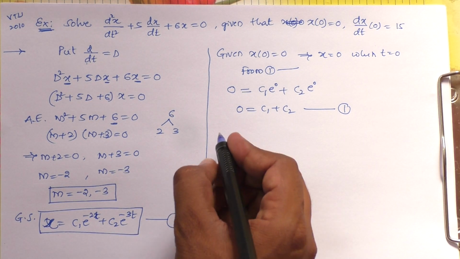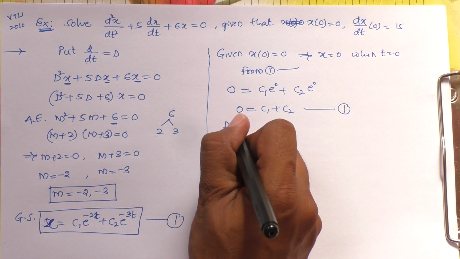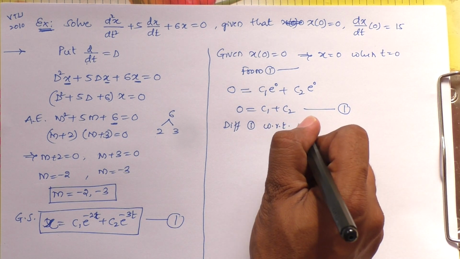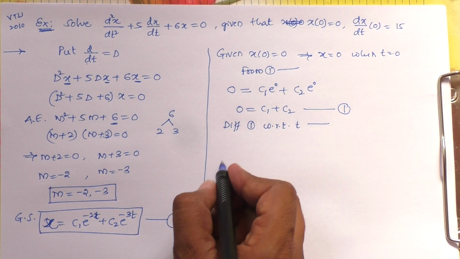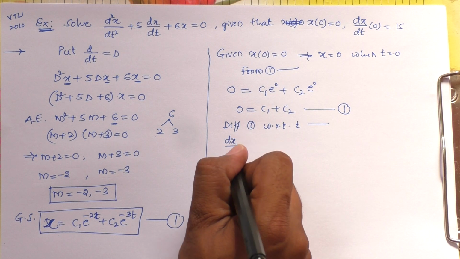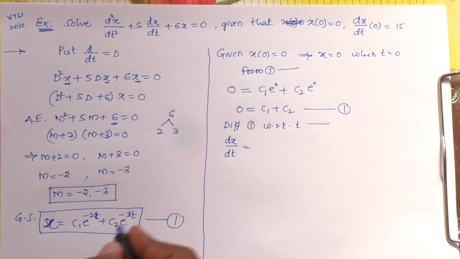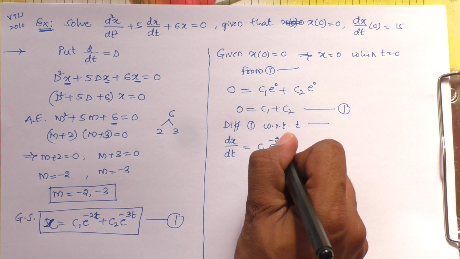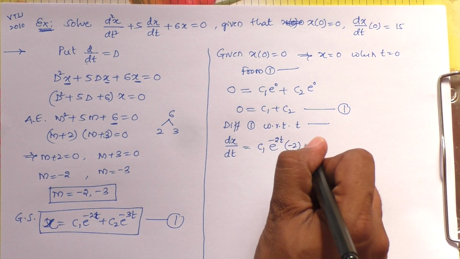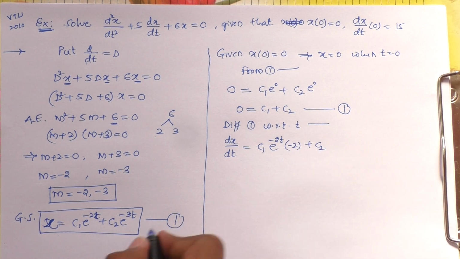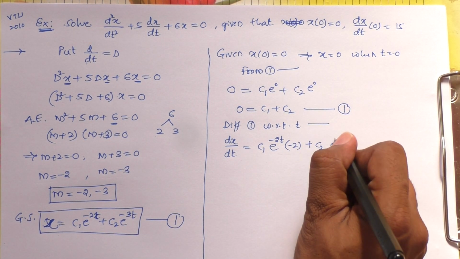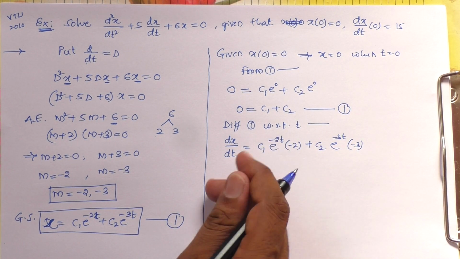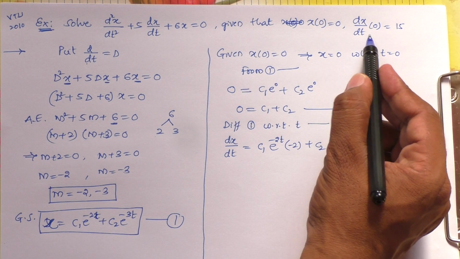We get dx/dt = c1 e^(-2t) into -2 plus c2 e^(-3t) into -3. Now we got dx/dt. Let us apply the given condition.